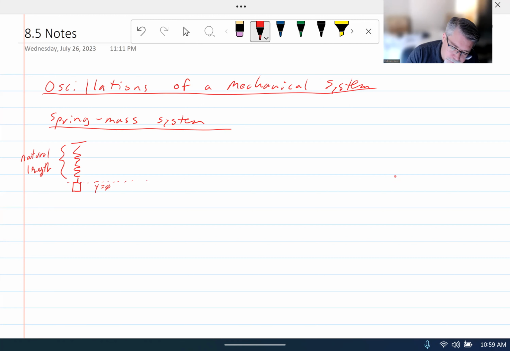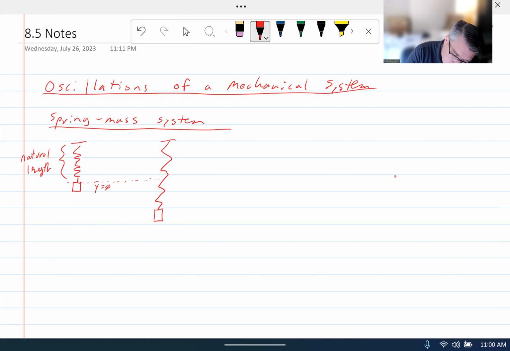And then we pull that weight down past its natural length, or its equilibrium state.